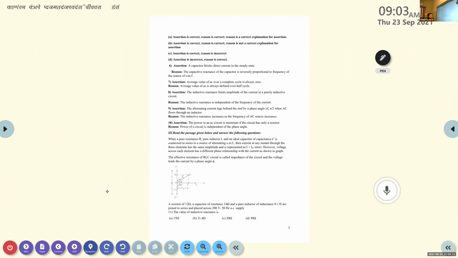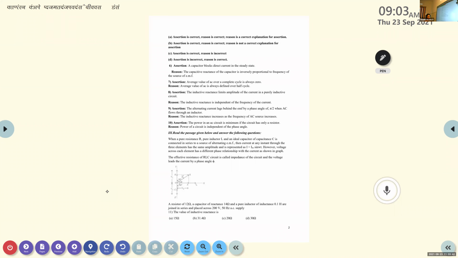It's a direct question from what we are studying in the theoretical portion. Alternating current lags behind the EMF by a phase angle of pi by 2.